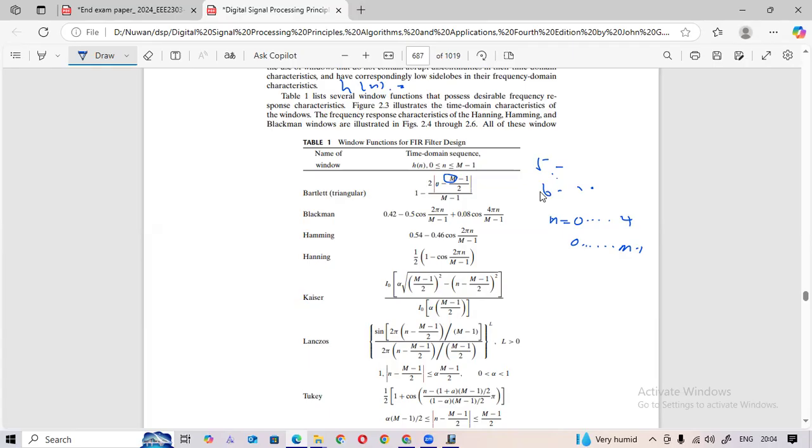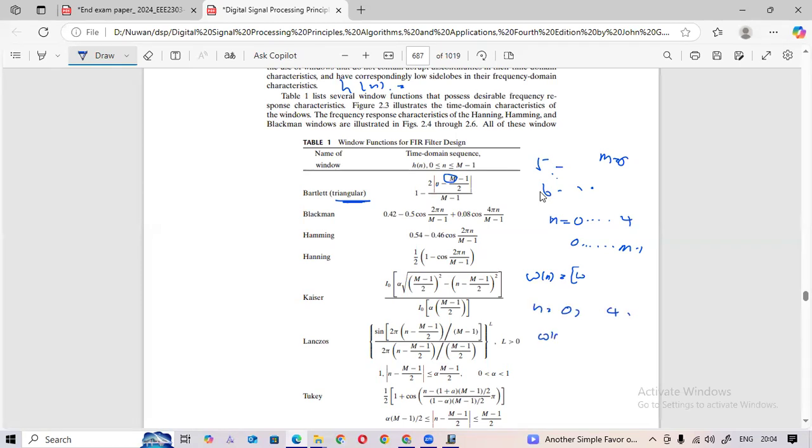Let's say the window value is w(n). For example, if you are asked to use the triangular window, and if M is 5, how can you calculate w(n)? If M is 5, n will be 0 to 4, no?